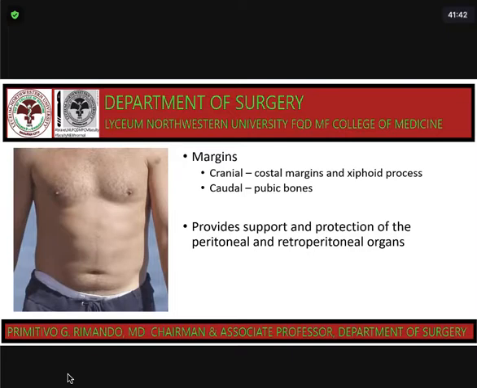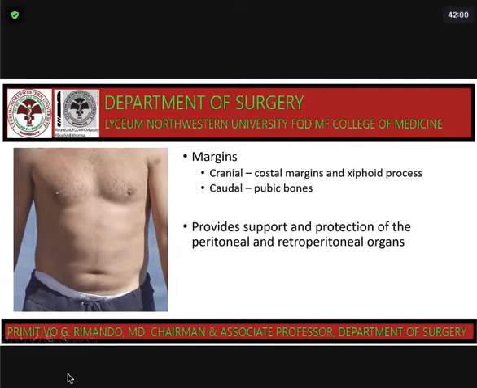So the margins of your abdominal wall cranially. Of course, you have to feel your costal margins, and of course, in the midline, your xiphoid.